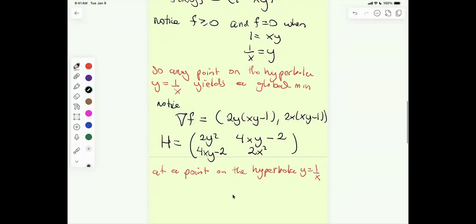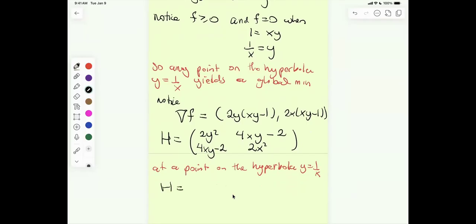So the Hessian matrix gives you 2/x squared, and then 2, 2 times x squared, and it has determinant identically equal to 0. So at any point on the hyperbola, the determinant vanishes.